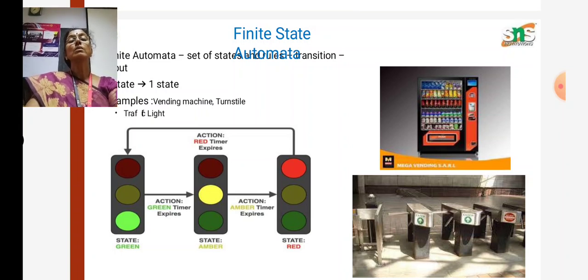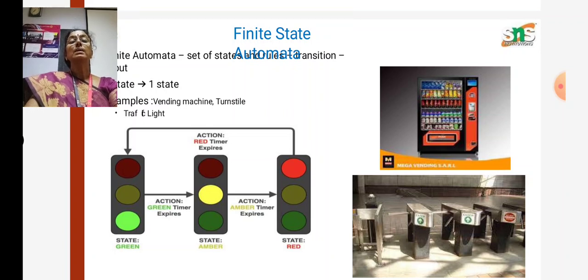The same thing we also come across in daily life, like vending machines, ATM machines, and traffic light signals. For the traffic light signals, we have three lights: red, yellow, and green. Suppose the state is green; when the timer expires, it goes to the state yellow.